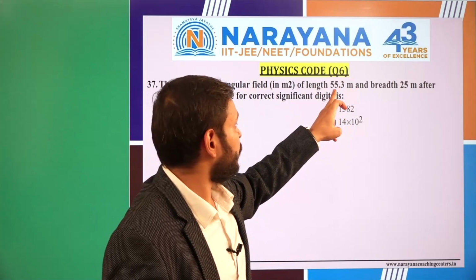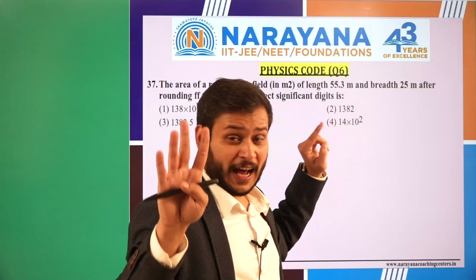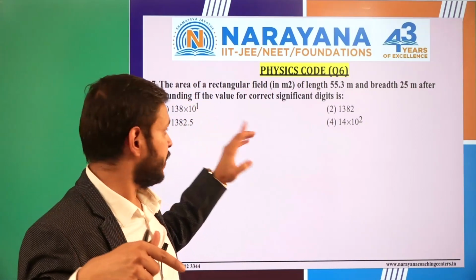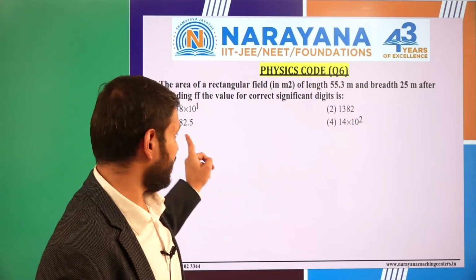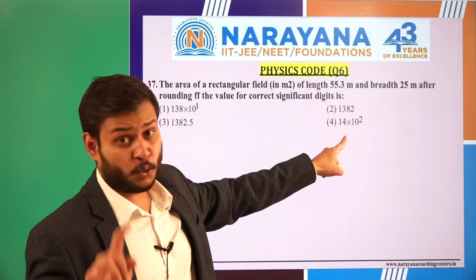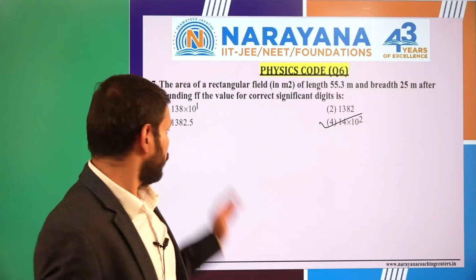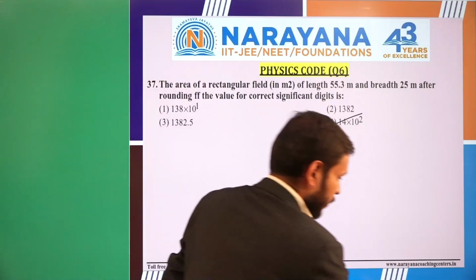So 55.3 has 3 significant digits and 25 has 2. So of course our product, that is area of rectangle, length into breadth, should have 2 significant figures. So no need of calculating so much. You see, option number 4 has 2 significant figures. So we can just opt for this and move forward, right? No need of viewing other options.